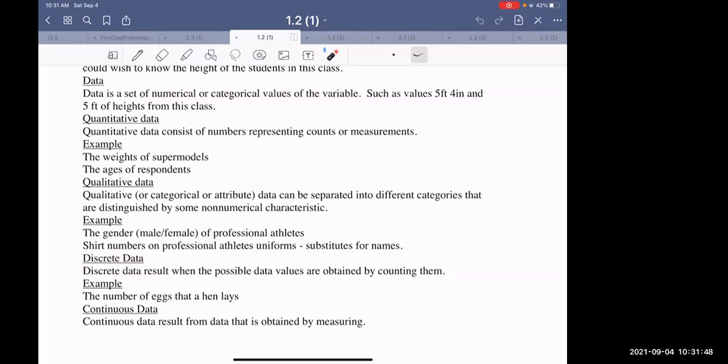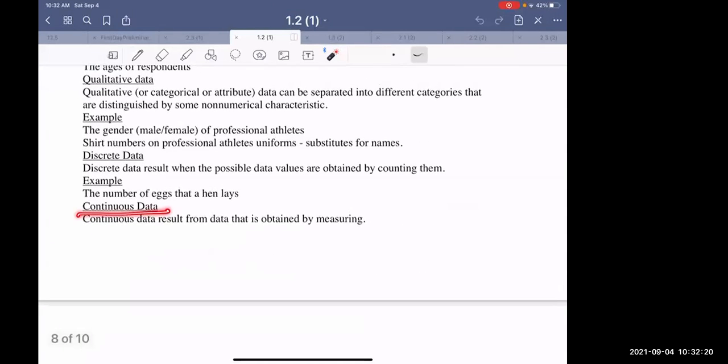With discrete data, we count to obtain the data. So if you're counting to obtain your data to determine the value of your variable, then your variable is discrete, such as the number of eggs that a hen lays.